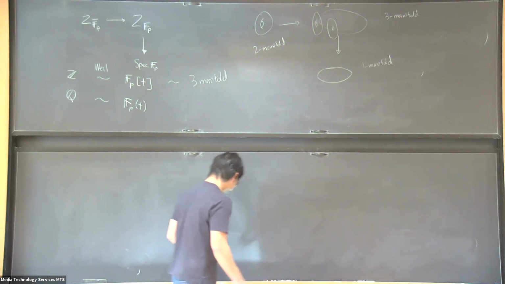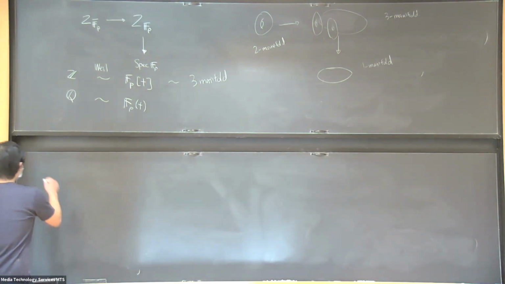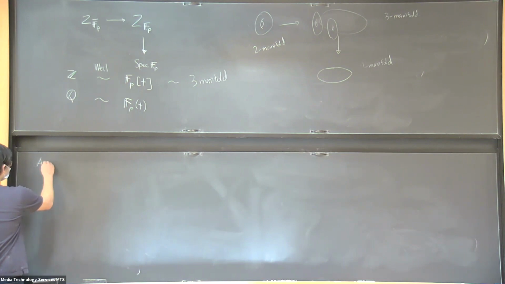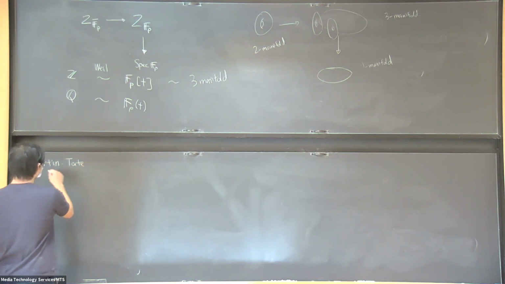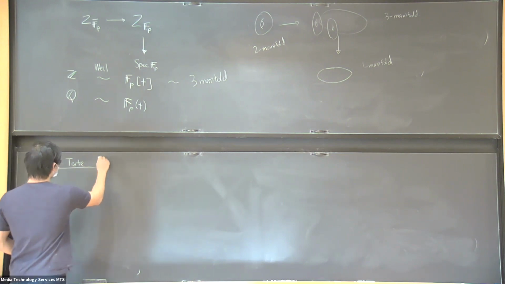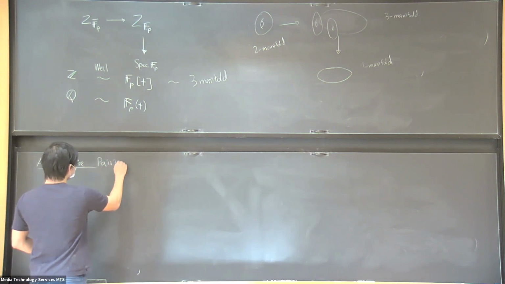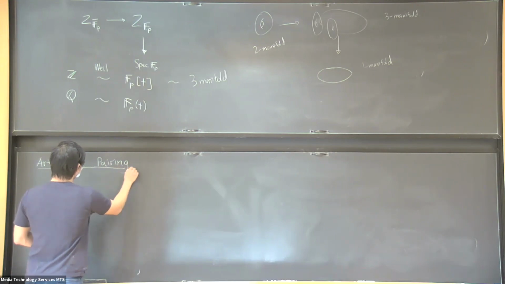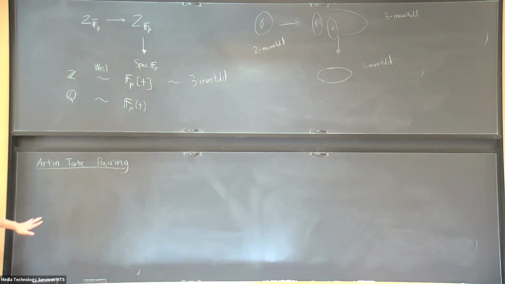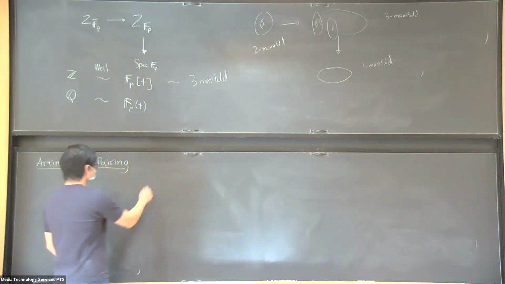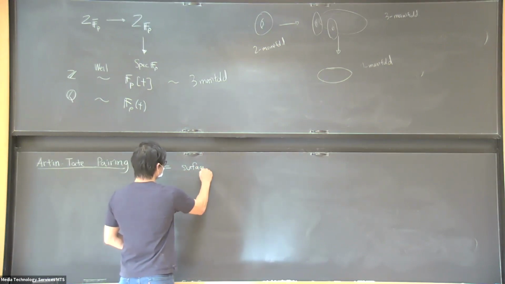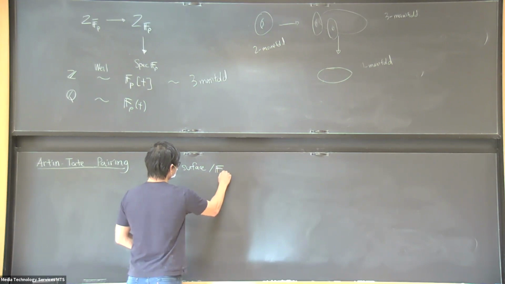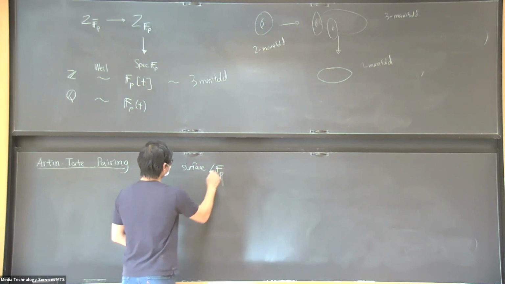Okay, so I'm going to talk about something which is related to the arithmetic of a certain object. And so here, the centerpiece of the story would be some X, which would be a surface over F_q, over F_p.